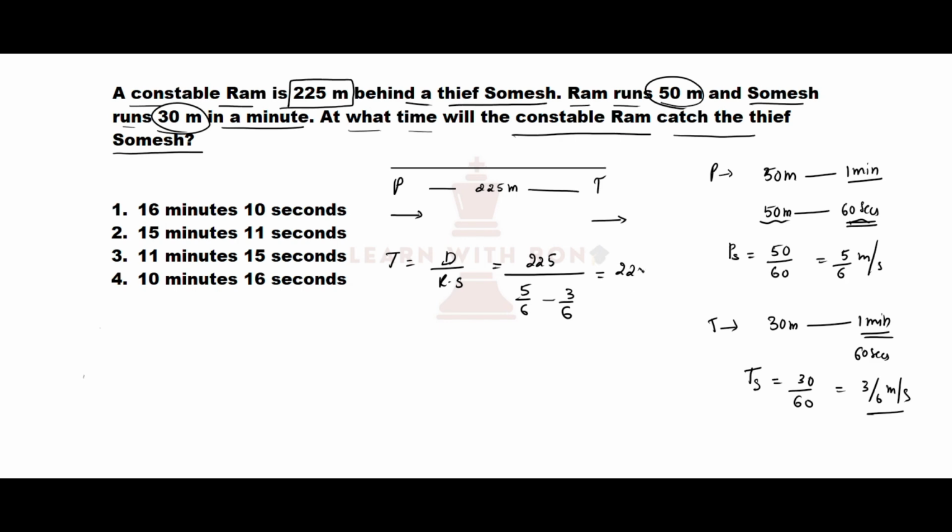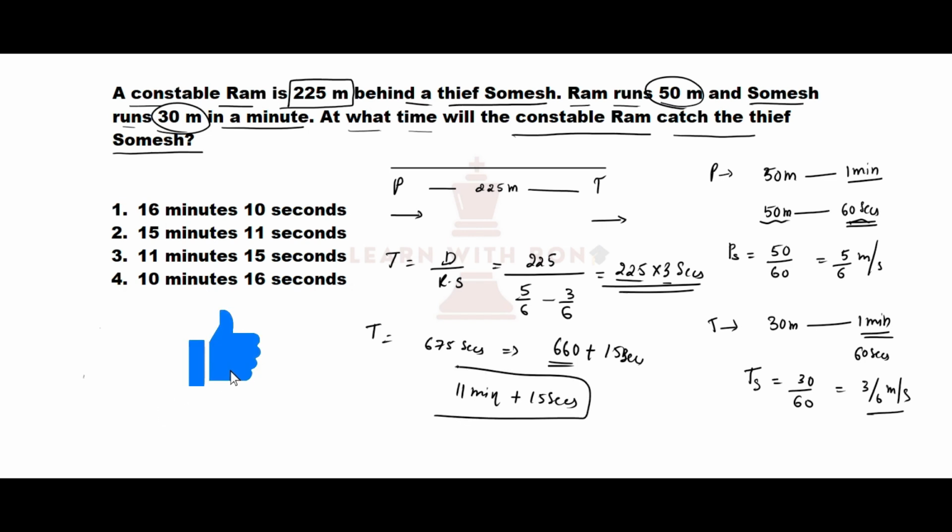So 225 into 3 seconds. So time is equal to 225 into 3, how much? 675 seconds, right? So I can write 675 seconds as 660 plus 15 seconds. So 660 is nothing but 11 minutes, and 11 minutes 15 seconds is our answer, which is option number 3 here.